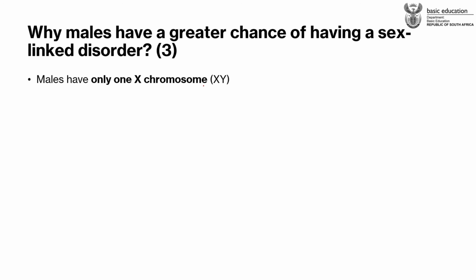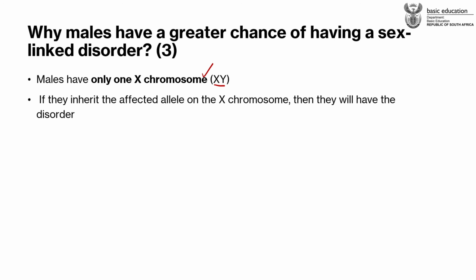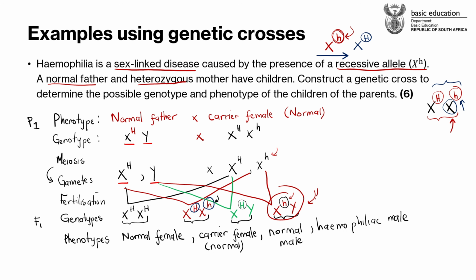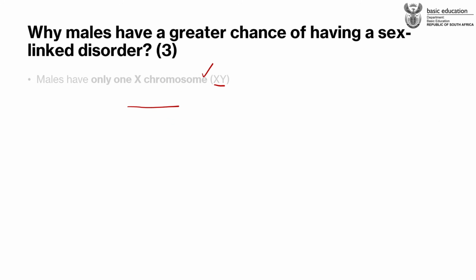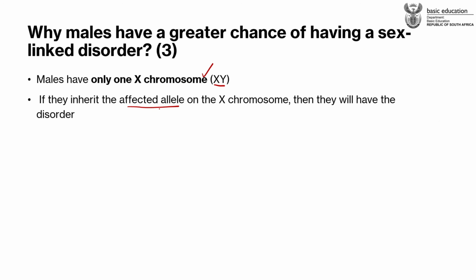Males have only one X chromosome because their sex chromosomes are XY. If a male inherits the affected allele, just like in the last genotype, where the male has a small letter h, the affected allele for hemophilia in this case, then the male will have the disorder, because he does not have any other X chromosome to mask it.